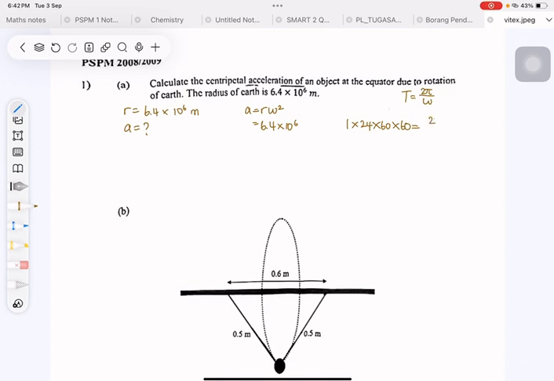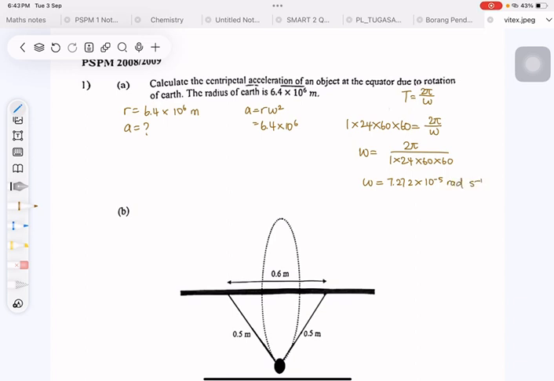And then, 2 pi divided by omega, where we can get the value of omega by using 2 pi divided by 1 times 24 times 60 times 60. Finally, we can get the value of omega is 7.272 times 10 to the power of negative 5 radian per second.